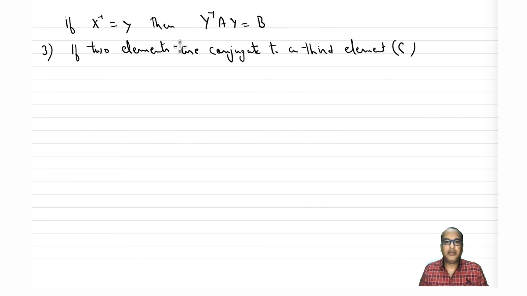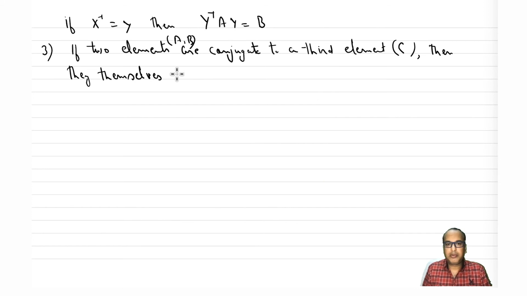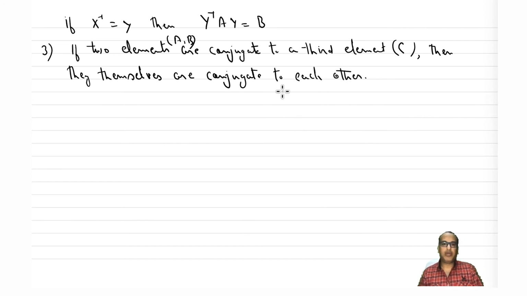If two elements A and B are conjugate to a third element C, then they themselves are conjugate to each other. Alright, what does it mean?